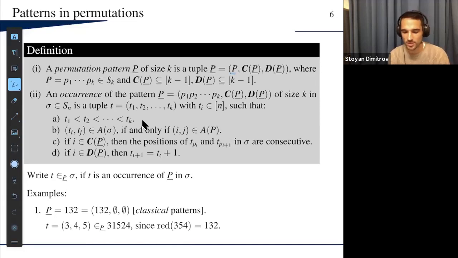Indeed, this definition of a permutation pattern doesn't make sense if we don't talk about an occurrence of the pattern, so the formal definition of an occurrence is given here.